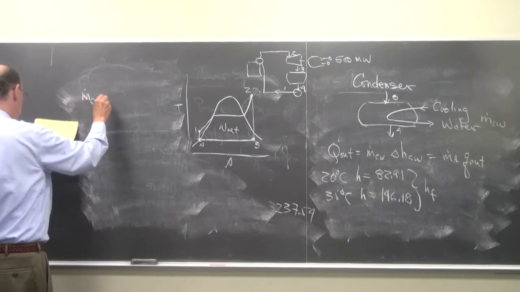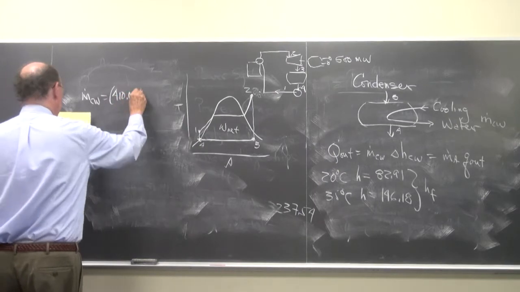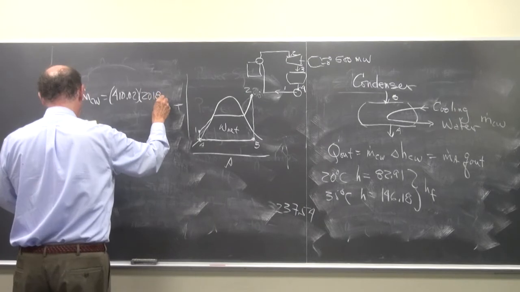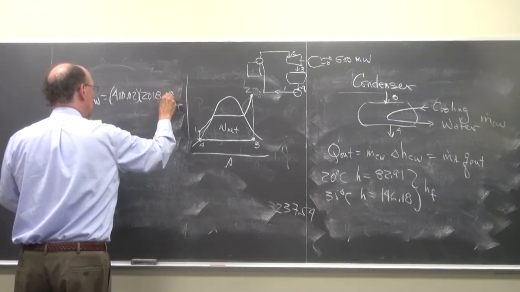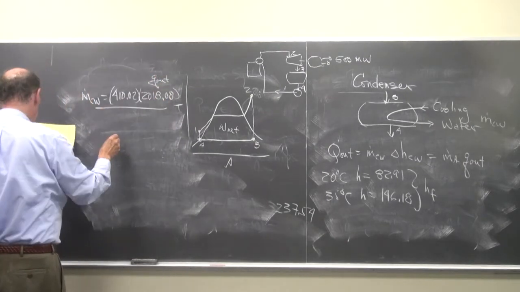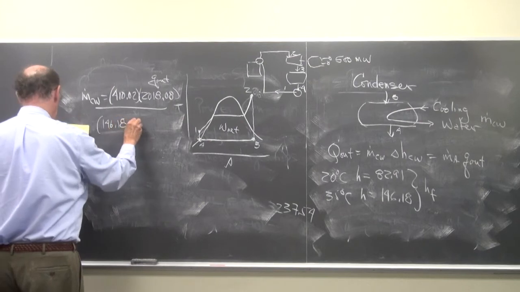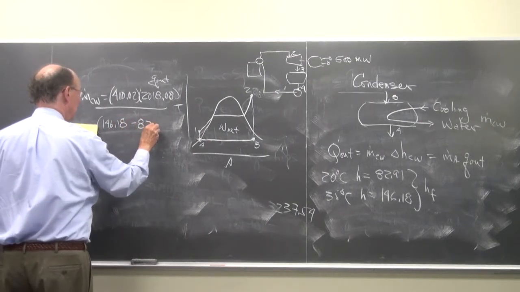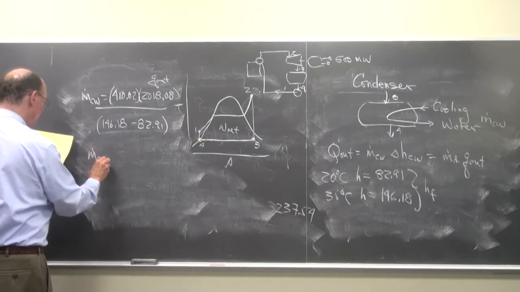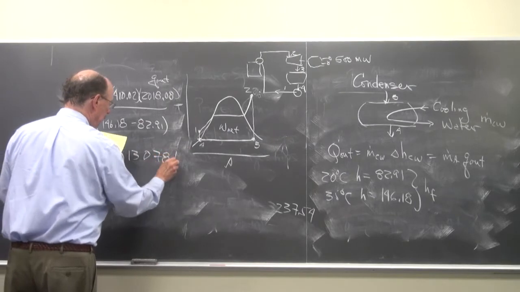So the mass flow rate of the cooling water is equal to 410.02 times 2018.08. This is Q out, divided by 146.18 minus 82.91. And I find out that the mass flow rate of the cooling water is equal to 13.078 kilograms per second.